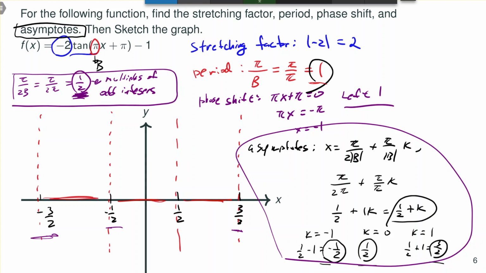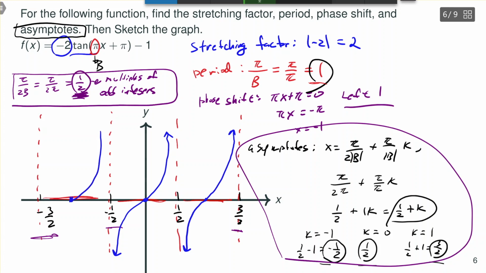So then let's graph the tangent graph. For each period, there's this shape. We're sketching it, so it doesn't have to be precise, as in plugging in points. You definitely need to know the generic tangent graph shape, which is always this. Here's the middle one, and we have an infinite number of these, repeating the same shape every period.